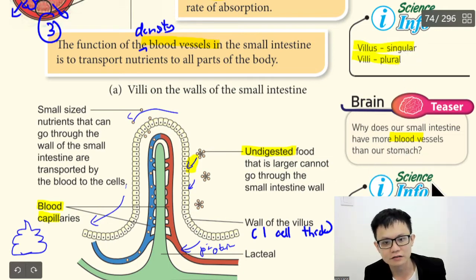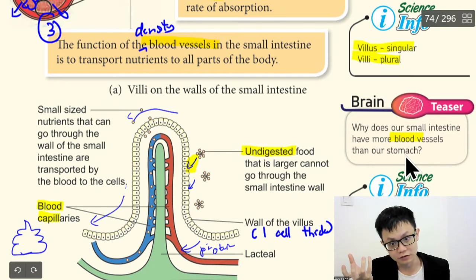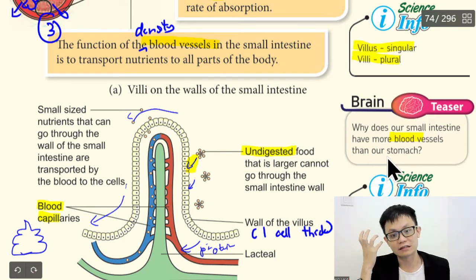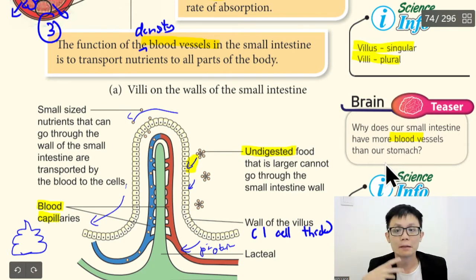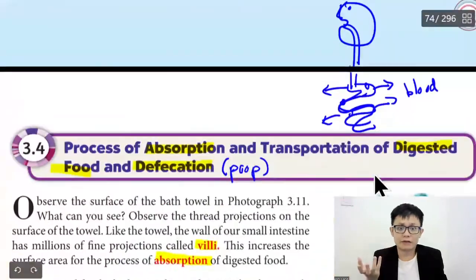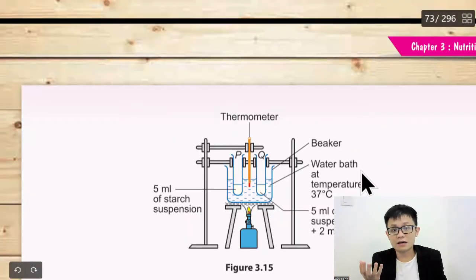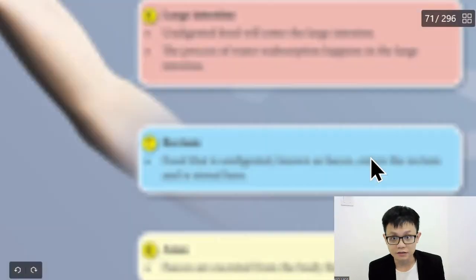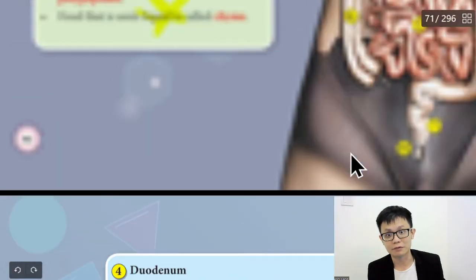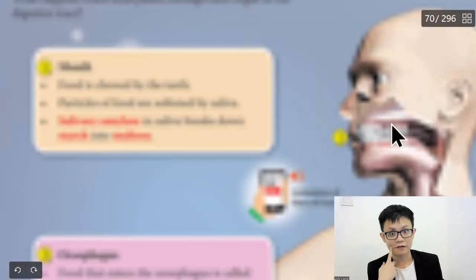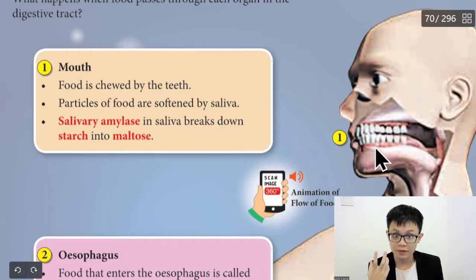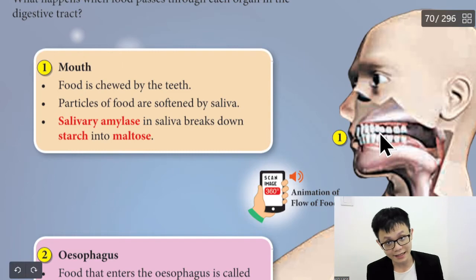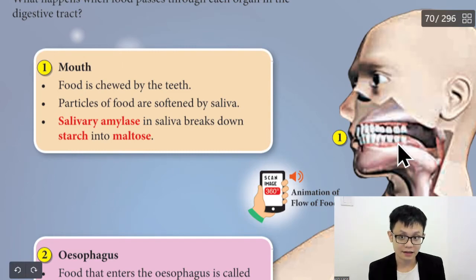So what you can say is the stomach is just to store the food and kill the microorganisms, but the function of the intestine is for the absorption of nutrients. Different parts of the body have different functions. For example, our teeth break down the food physically, and then enzyme amylase digests starch into maltose.